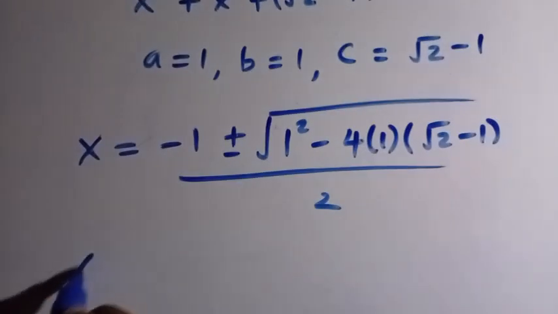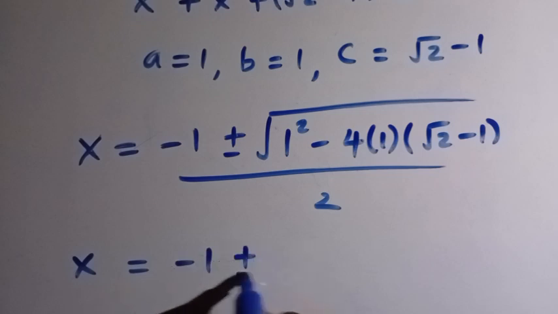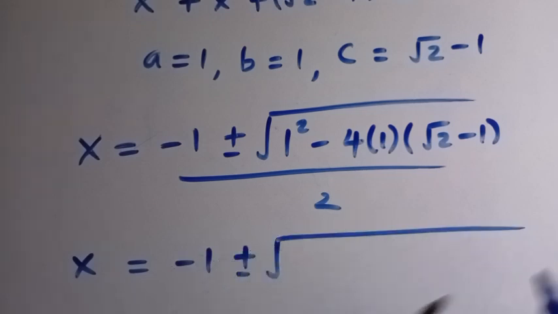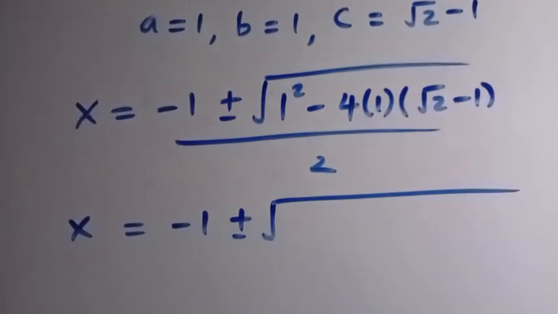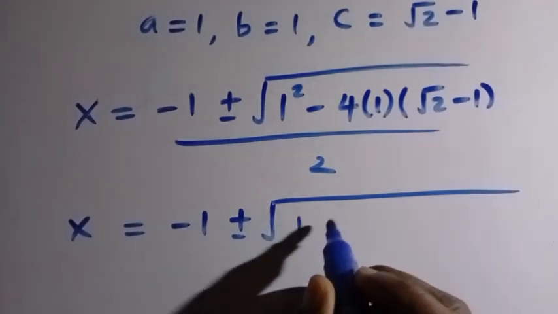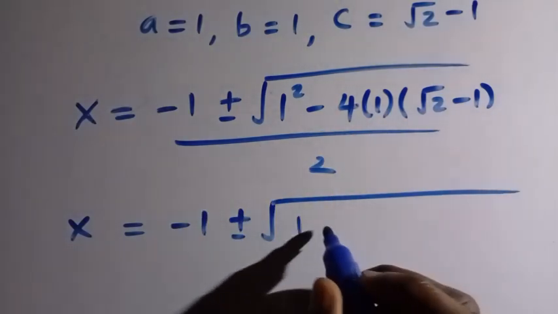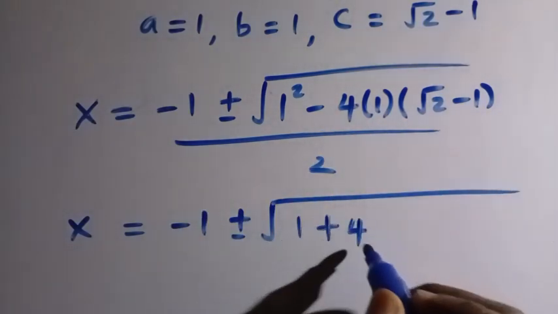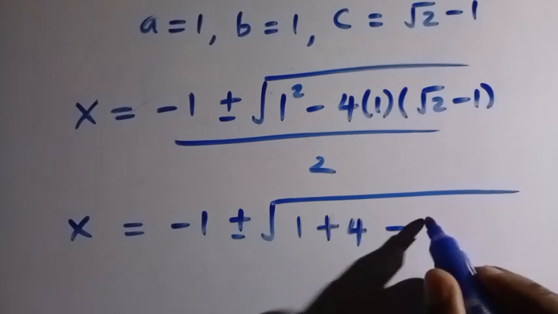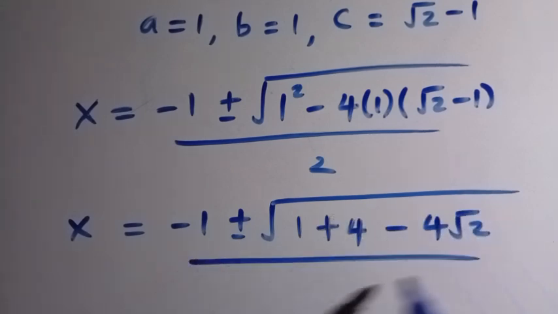So we have x equals minus 1 plus or minus the square root of 1, then minus 4 multiplied by minus 1 gives plus 4, then minus 4 root 2, divided by 2.